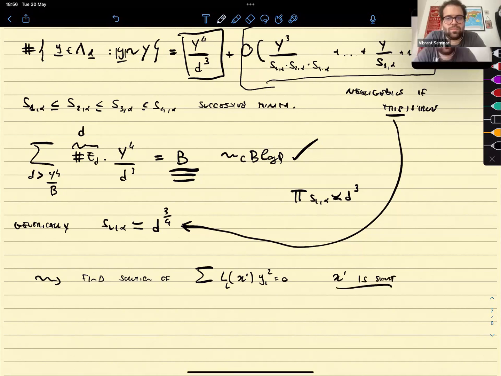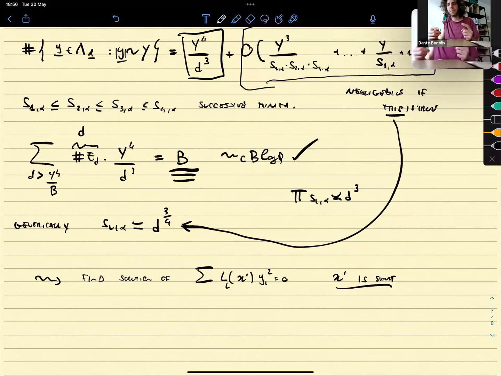And so we can apply the circle method part again. Just the upper bounds, because the paper is very complicated, we need first a lower bound before computing the asymptotic. But yeah, it worked like this.